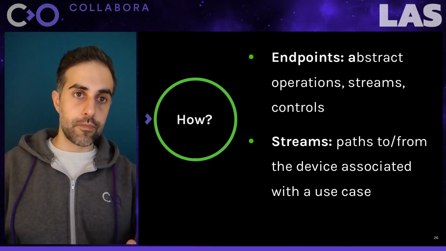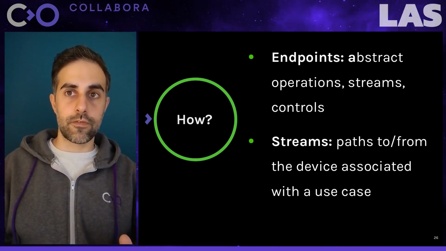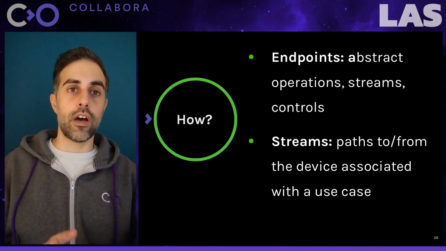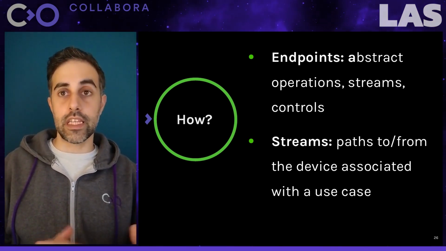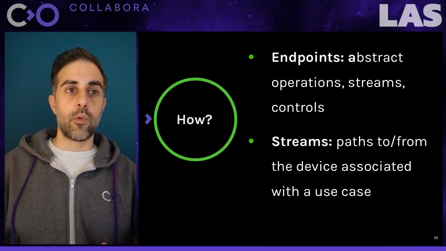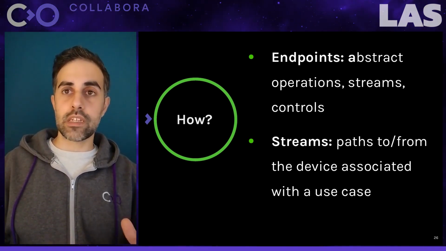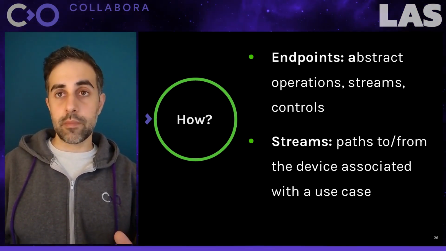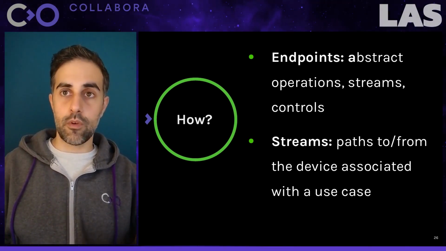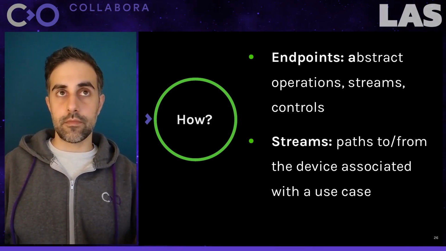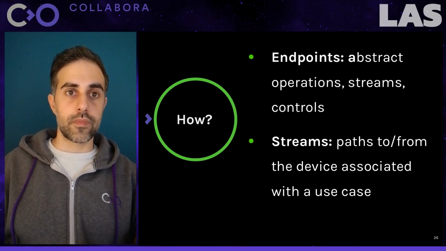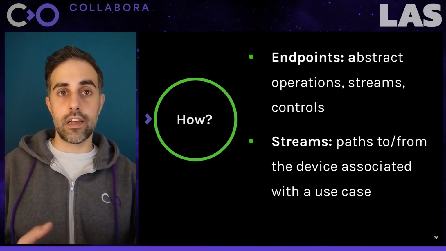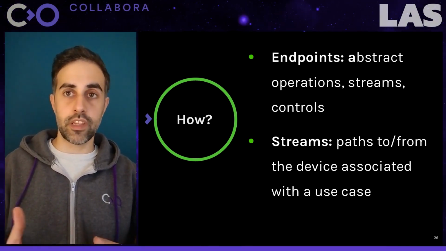In WirePlumber, we have introduced two kinds of new objects in PipeWire called endpoints and endpoint streams, where the endpoints basically are something like the nodes that we have in PipeWire. They're just a more abstract term, and the streams are paths associated with a use case.